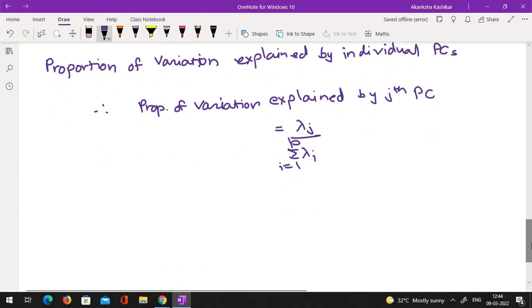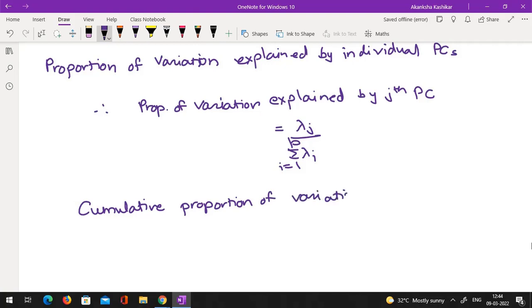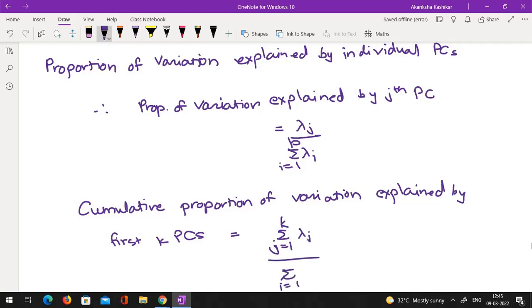So the cumulative proportion of variation explained by, say, the first k PCs would be the sum over j going from 1 to k of lambda j, divided by the sum over i going from 1 to p of lambda i.